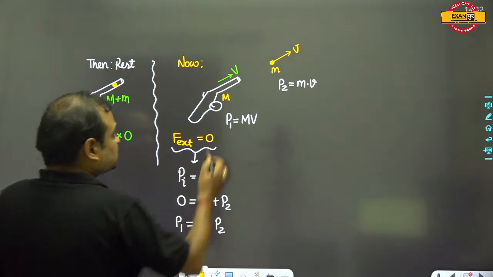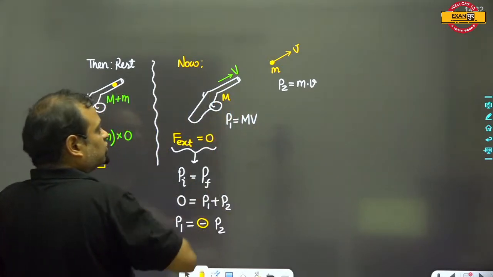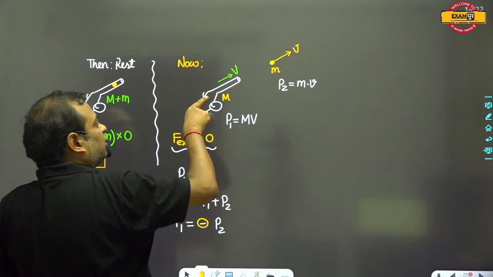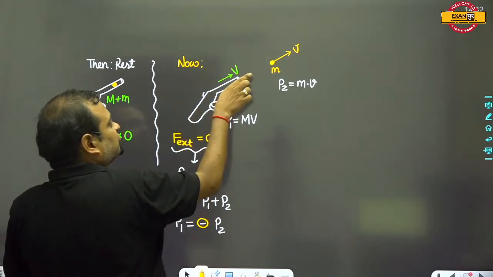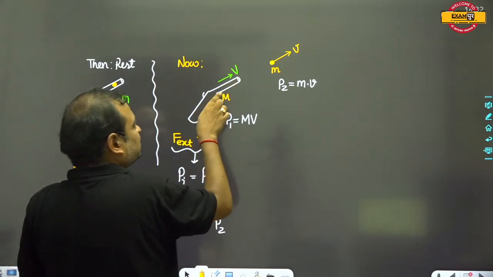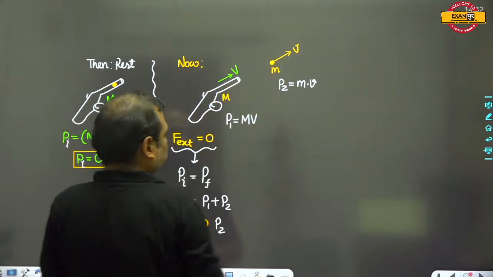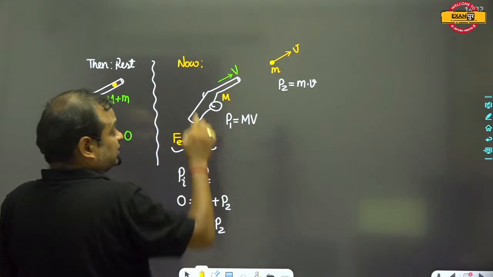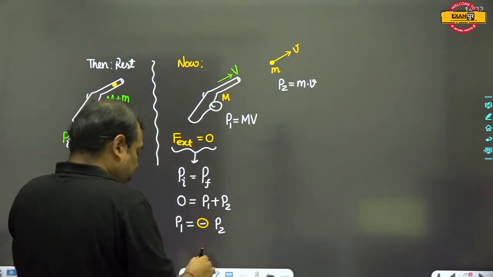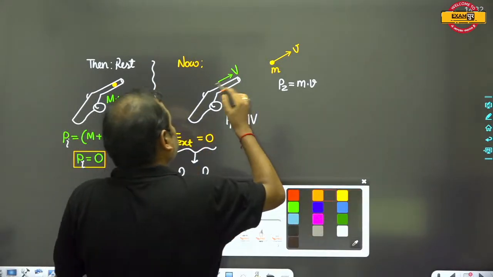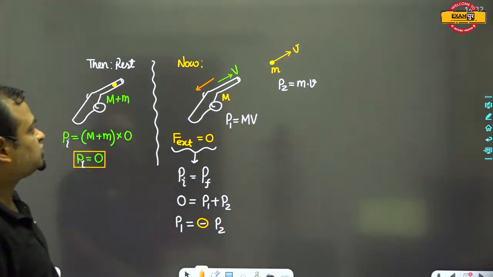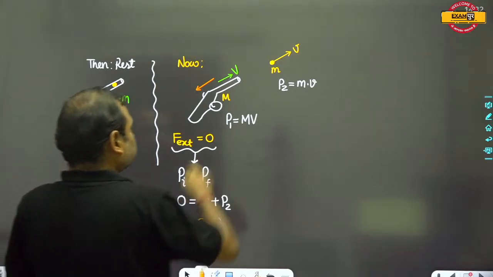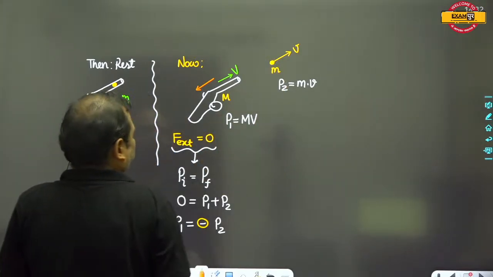We have already mentioned that after firing the bullet, this gun will move in the forward direction, the direction of motion of the bullet. But it's not true. Actually the gun will move just behind, just opposite to the direction of the bullet.